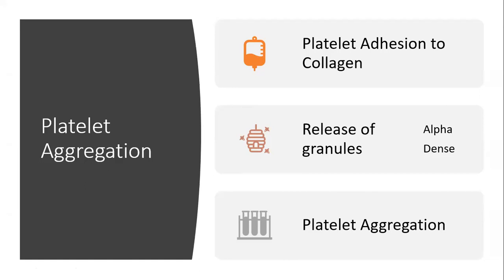Okay, so platelets that are bound to collagen would change shape and release different contents of their storage granules. Among these, thrombin, which is produced in the coagulation pathway, is the most potent stimulation of granule release. Examples of granules from platelets would be your alpha and your dense granules.